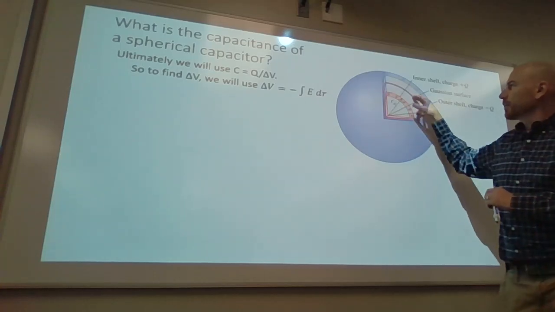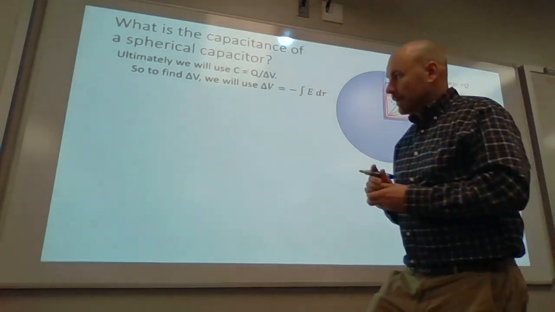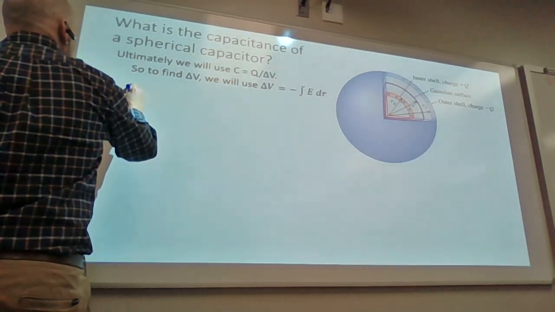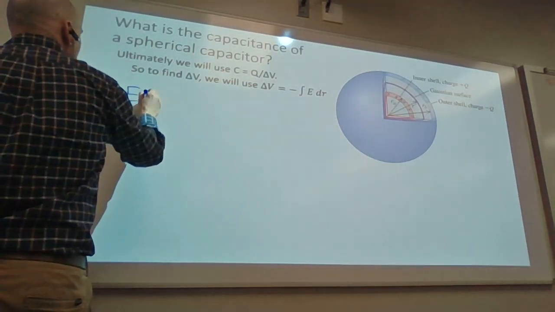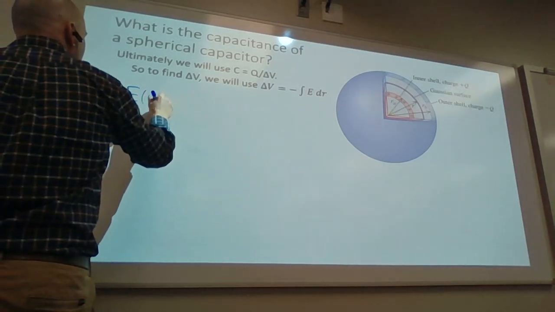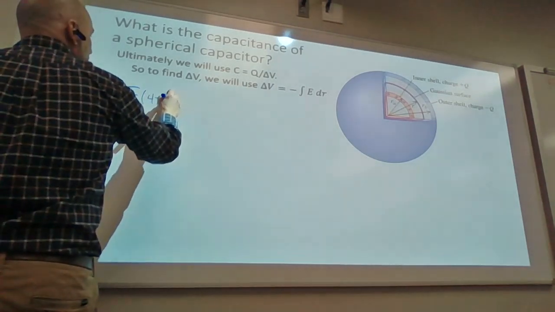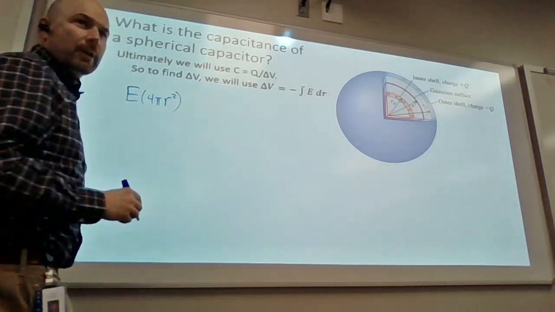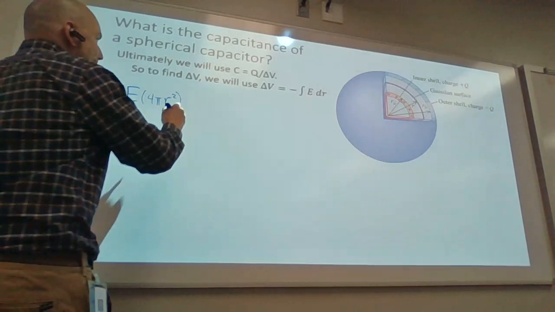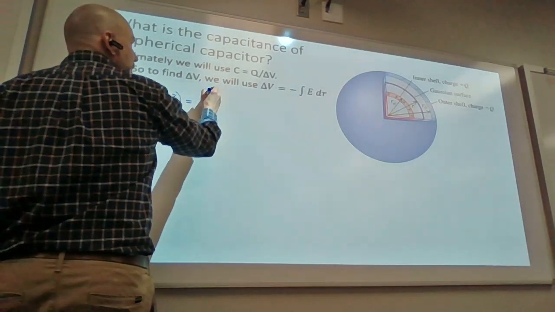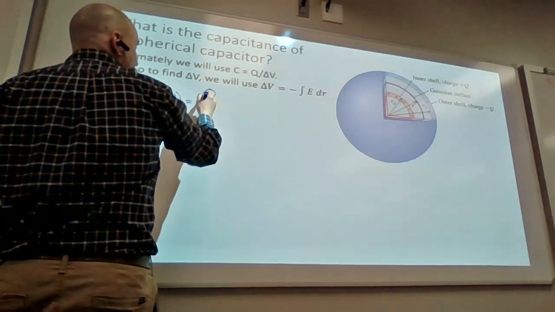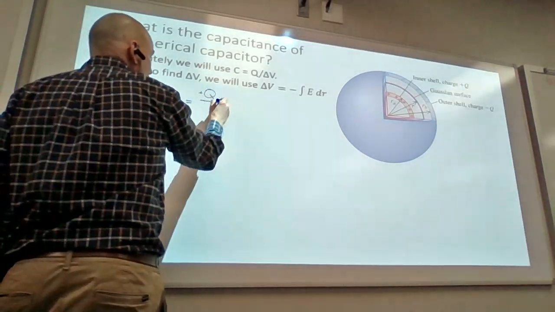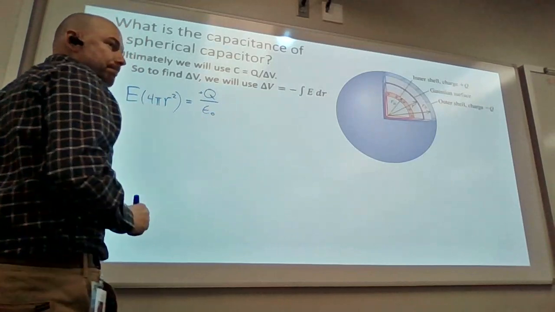So right here is what we're looking for. Our Gaussian surface we're going to put inside the gap. So we've got electric field times 4 pi r squared, that's the surface area of the Gaussian surface. Total enclosed charge is just plus Q, over epsilon naught.